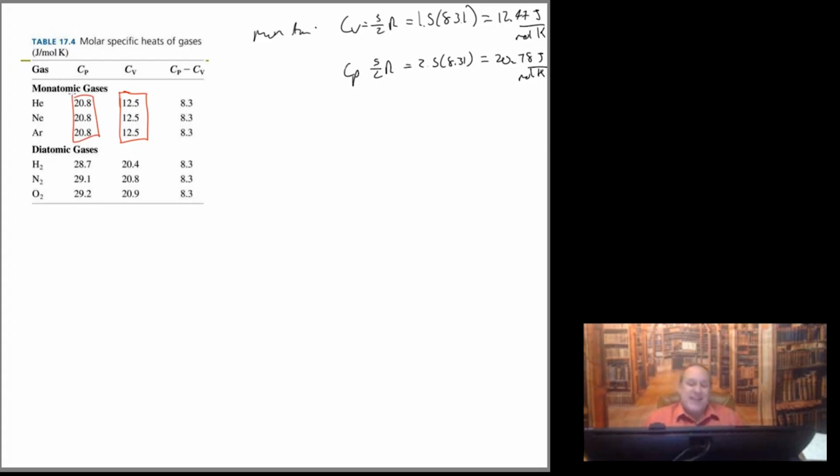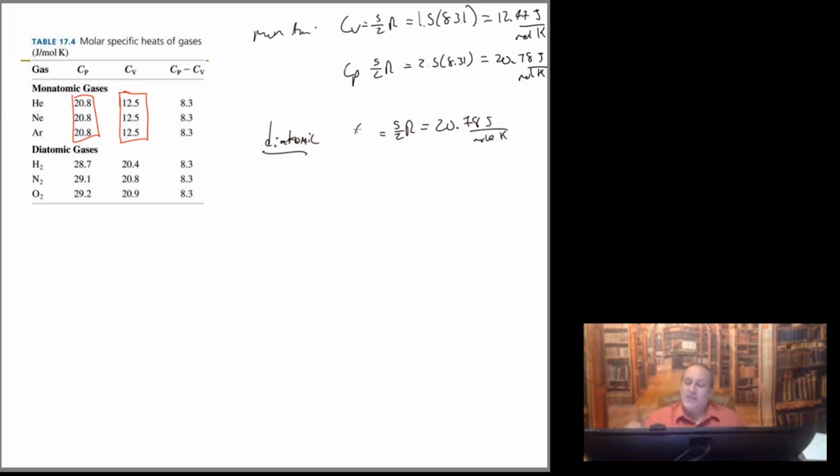Now, it should be the case for diatomic that CV is 5/2 R, which would be 20.78 joules per mole Kelvin. Should be exactly the same.